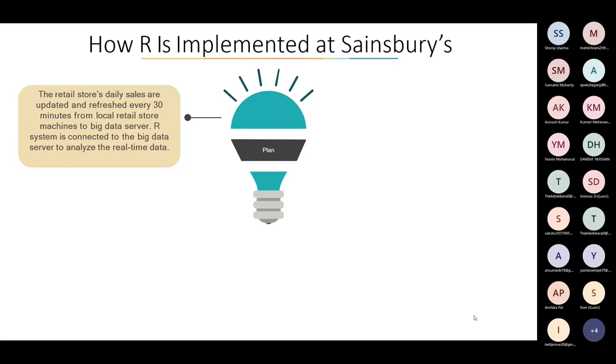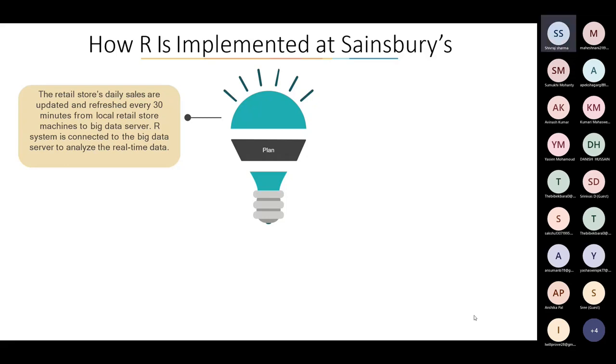Okay. So what happened at this point? The data is collecting daily sales. The stores' daily sales are collected in the form of data and refreshed every 30 minutes from local retail store machines to the big data server.